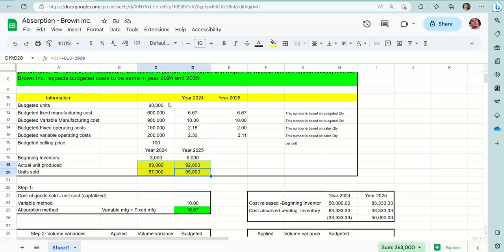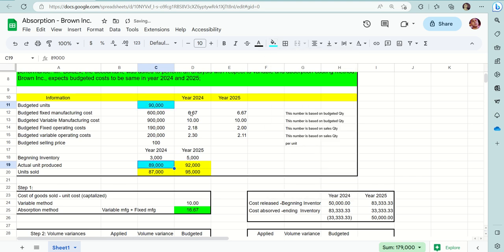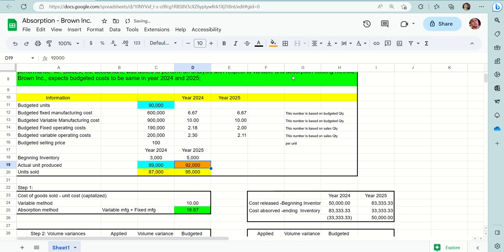We budgeted for 90,000. We produced 89,000. I'm going to highlight that in Keon. You see that? We budgeted 90,000, but we produced 92,000, highlighted in orange. We are going to reset these colors.